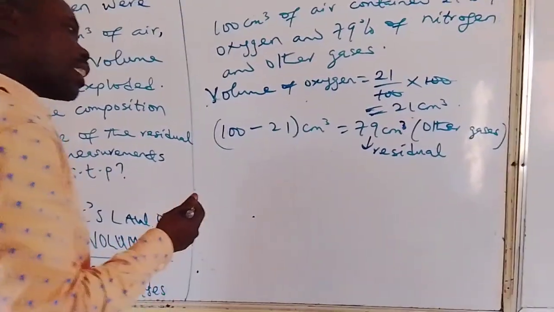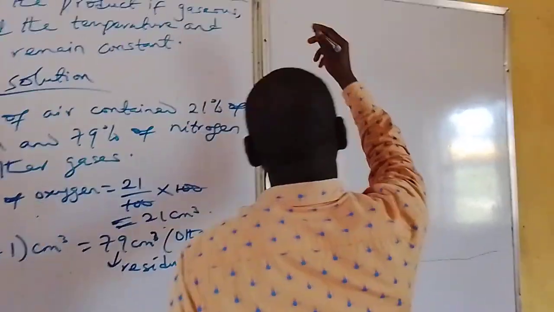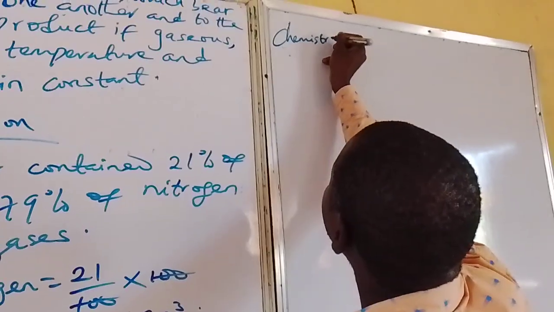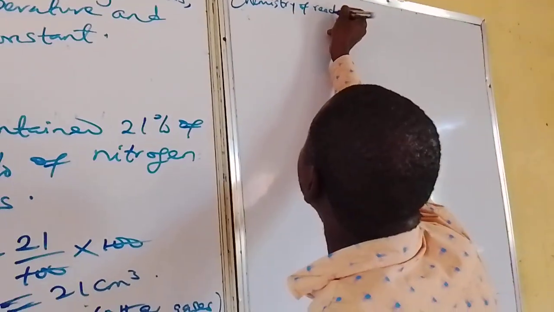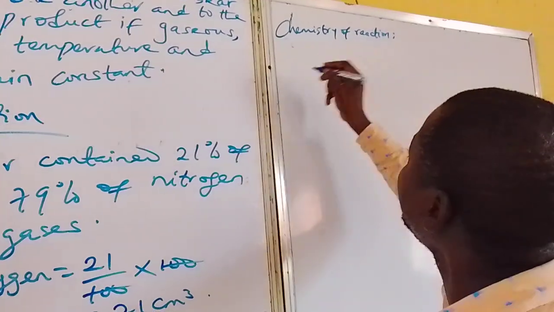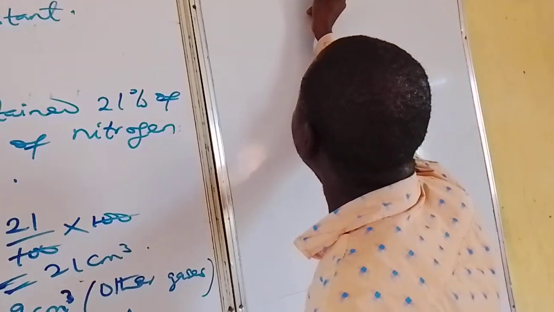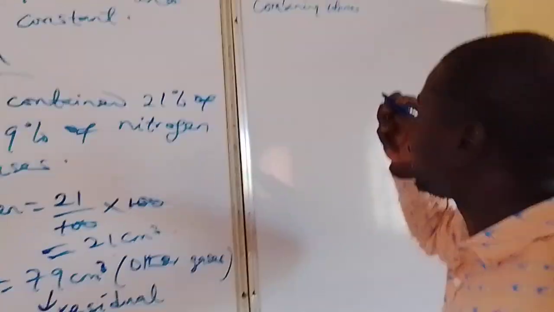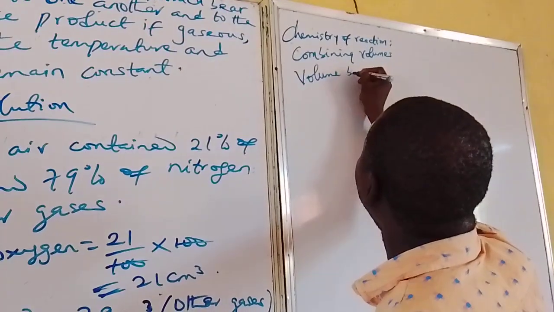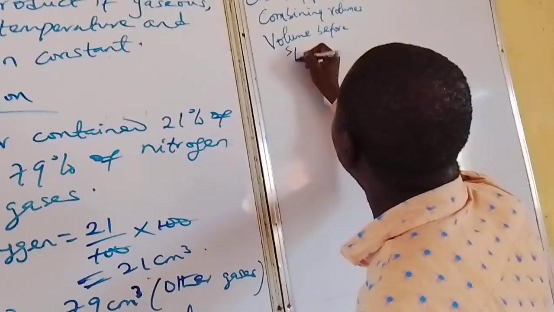So the first thing we are going to do here is not far-fetched. We are going to write the chemistry of reaction. On the next line, we are going to write the combining volumes. Then the next line is going to be the volume before sparking.